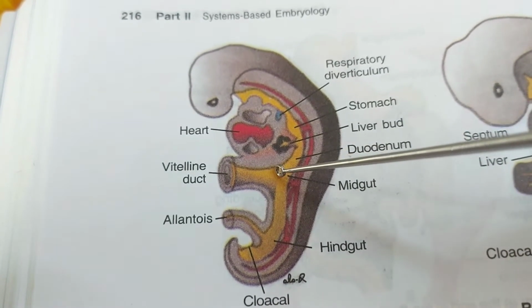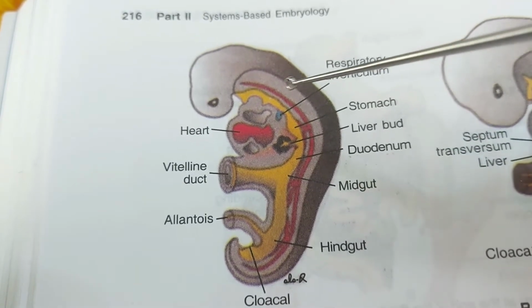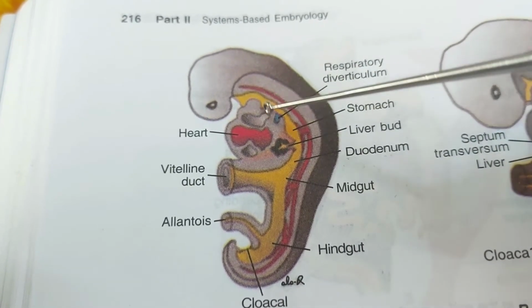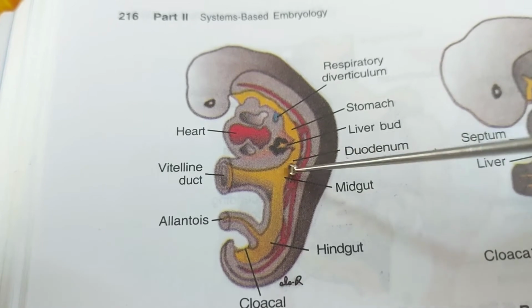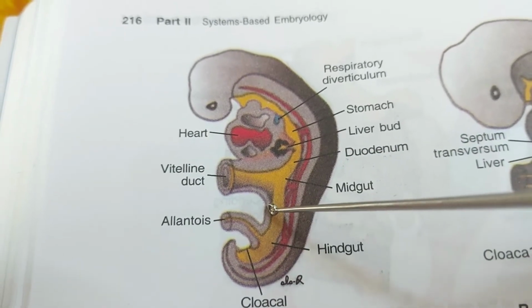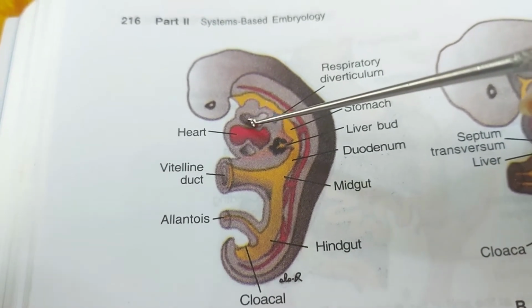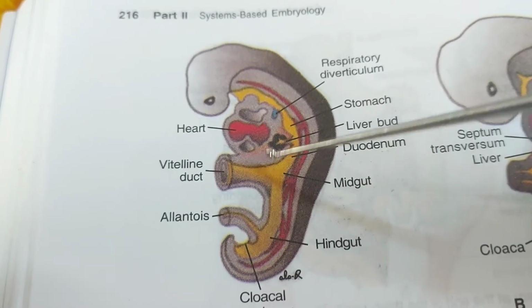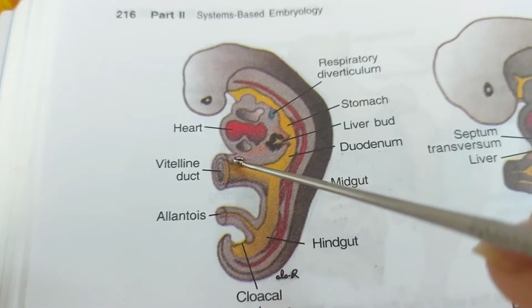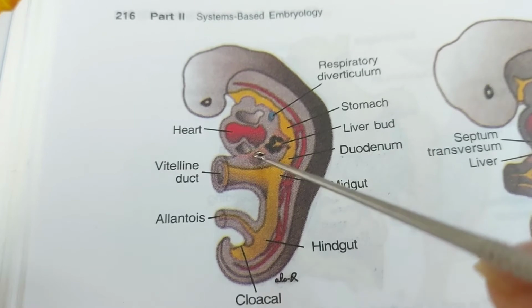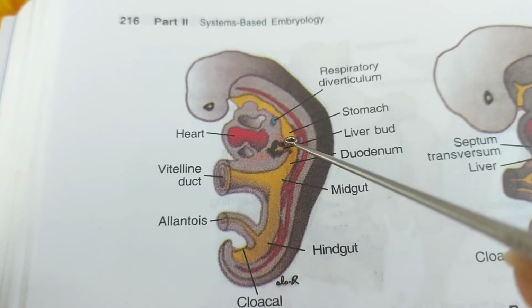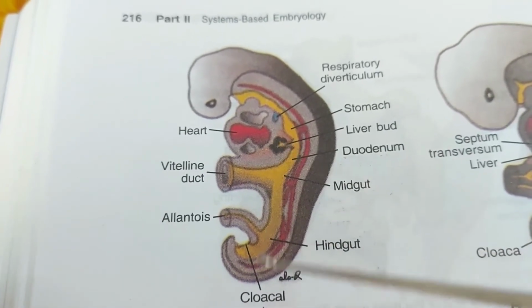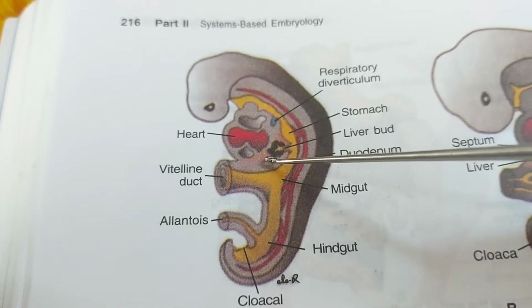This primitive gut tube has the proximal part, the foregut, the middle part, midgut, and the lower part, hindgut. The thoracic cavity and abdominal cavity of the embryo are separated by a transverse septum. This is known as the septum transversum, from where the future diaphragm will develop.